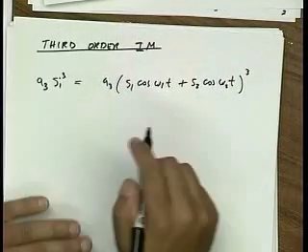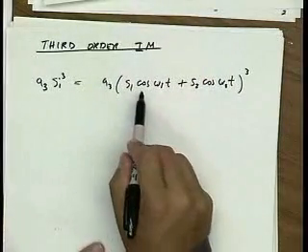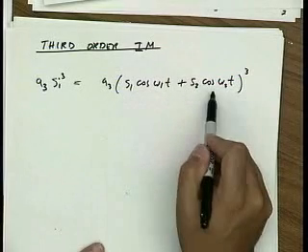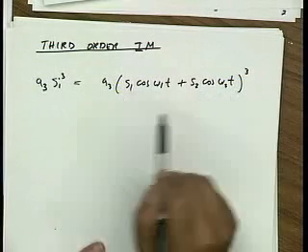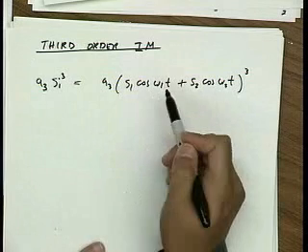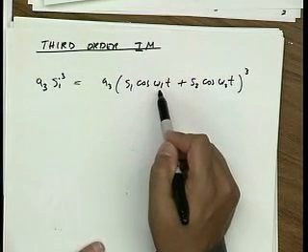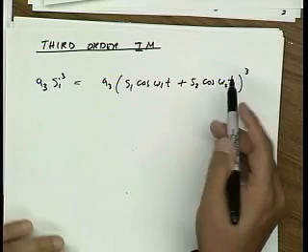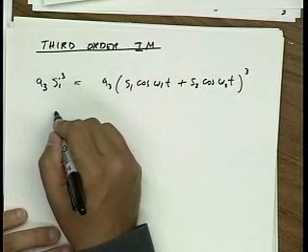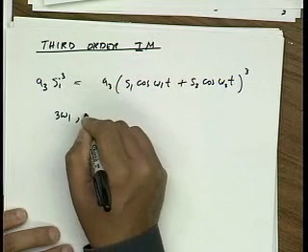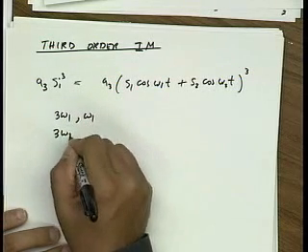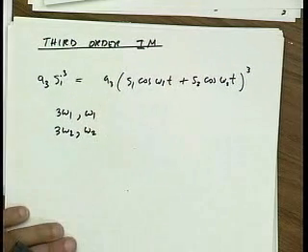You can see that when we do the expansion, we're going to get cubic of this term and cubic of this term, right? Those terms we've already dealt with. That will give us fundamental and third harmonic. So we'll get 3 omega 1 and we'll get 3 omega 2.